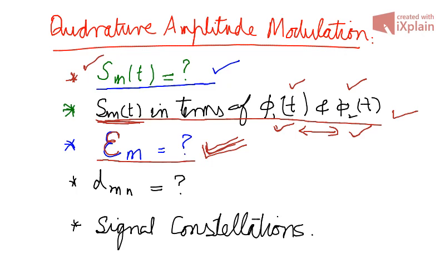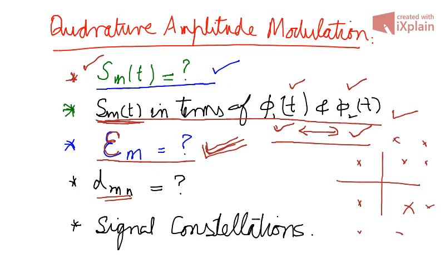We are also interested in finding out the Euclidean distance, because when we represent our signal in orthonormal basis functions, it means that we can represent our signal using these functions, right? So the signals can look like these signal points.